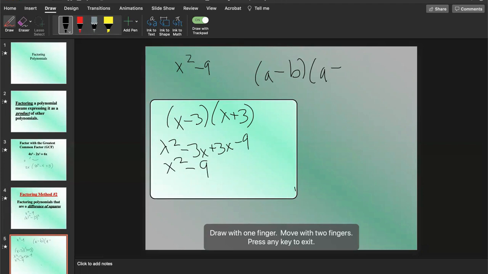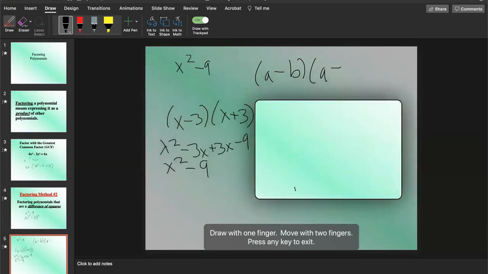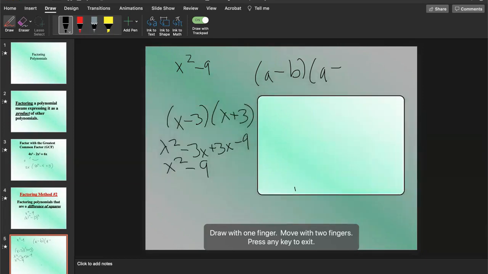And essentially, that's how you tackle these difference of squares questions. So let's create a new one. Let's say we have x squared minus 25. We want to get it into a form that we understand, a difference of squares.